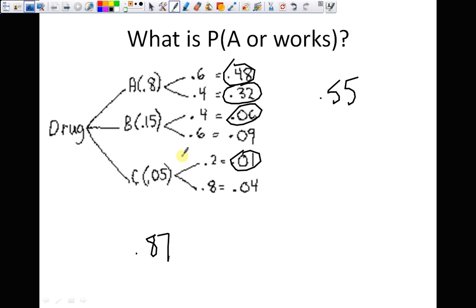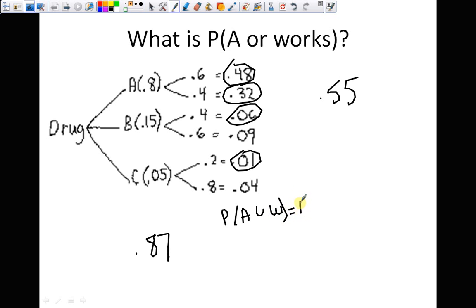Now we either use drug A or the drug works. Some drug works. Okay, so we also could think about this as a probability formula. The probability of A or works.